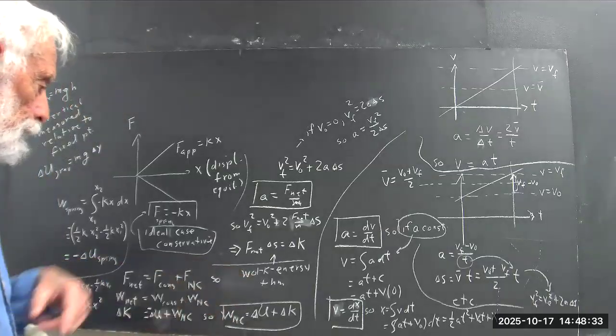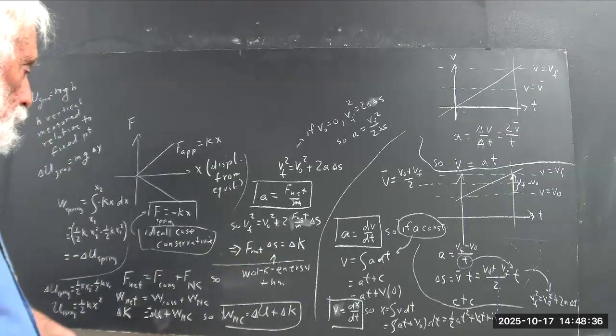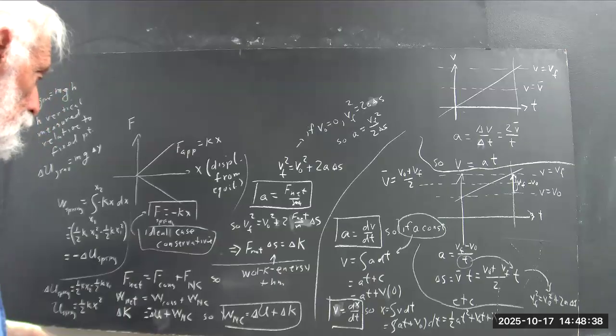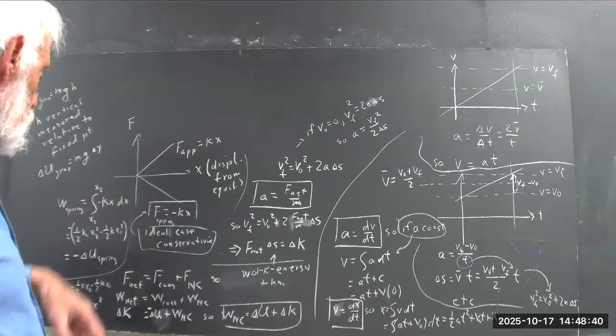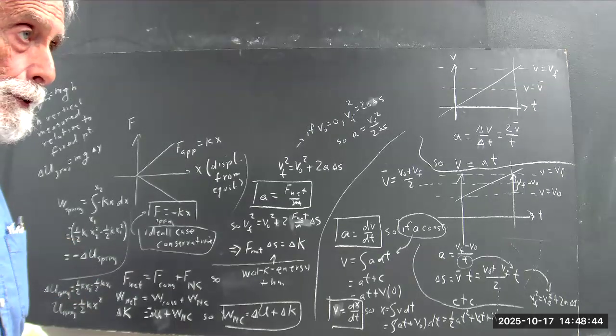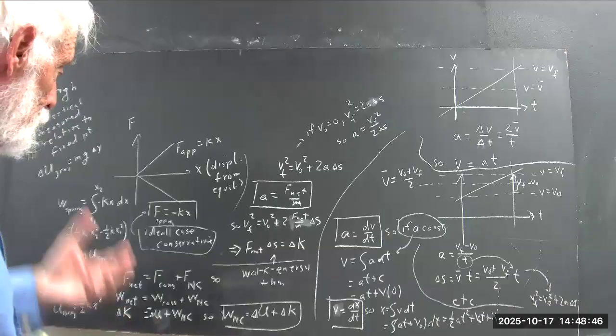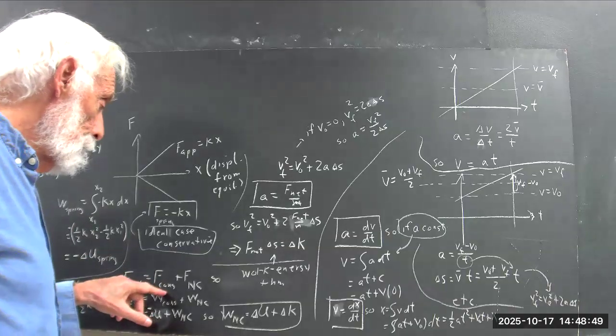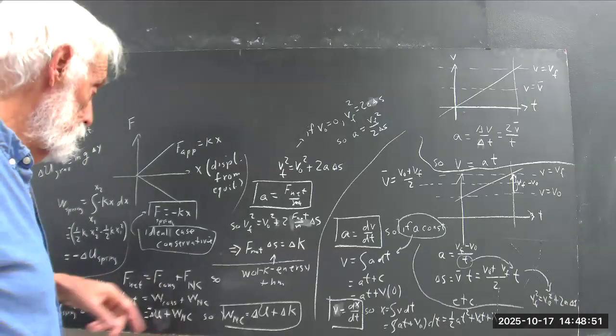Then we can expand the work-energy theorem to the conservation of energy. We define conservative forces as forces, and I haven't written down the definition. You should know the definition. A conservative force is one that's path independent.